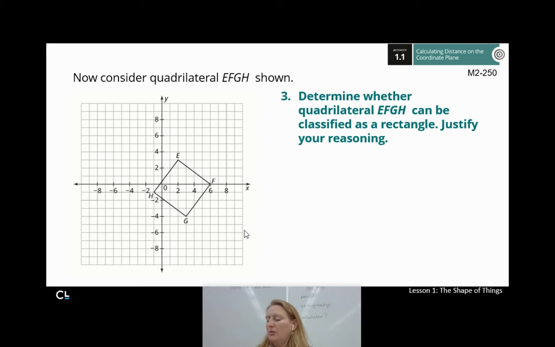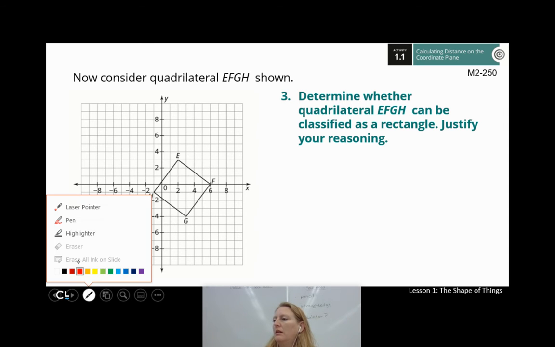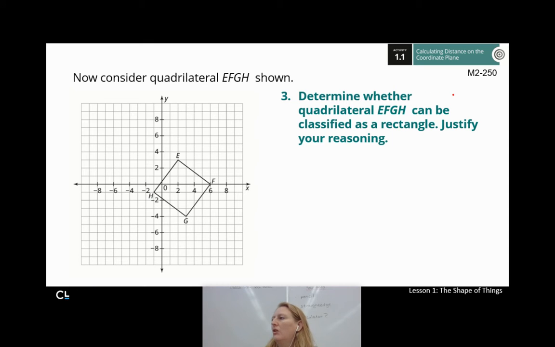All right, let's find the slopes. Here we are. So if I want to know if it's a rectangle, I know that I should have perpendicular sides. Make a note of that. I want my sides to be perpendicular.